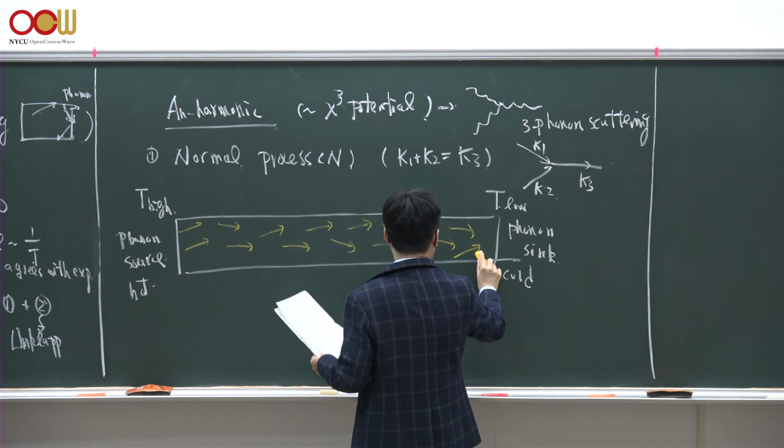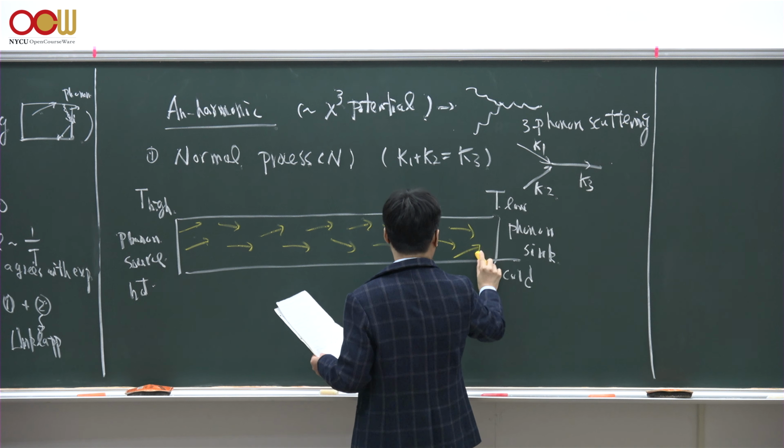Right? And let's come back a little bit to this cartoon picture, where we could reach thermal equilibrium. When we really reach thermal equilibrium, the number of particles that move from the hot to the cold is the same as that from the cold to the hot, and therefore this particle flow, or momentum flow, gets cancelled, right?